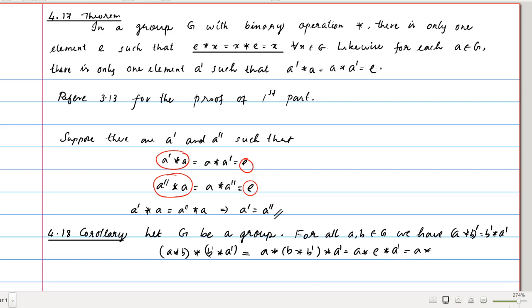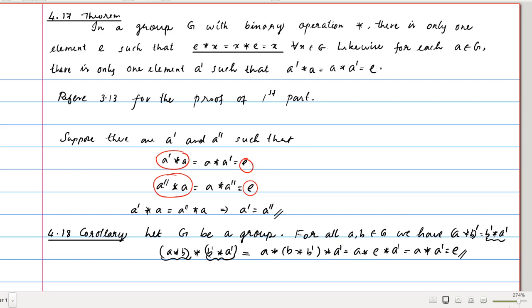From this, E star A prime is equal to A prime itself. So this is A star A prime, which is equal to E, which shows that if you operate this element with this, we get the identity element. So this can be considered as the inverse of this element. That is nothing but the statement that the inverse of A star B is B prime star A prime, which shows that this is the only inverse because of theorem 4.17.